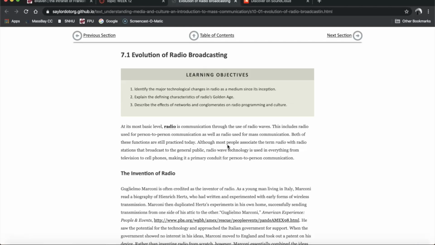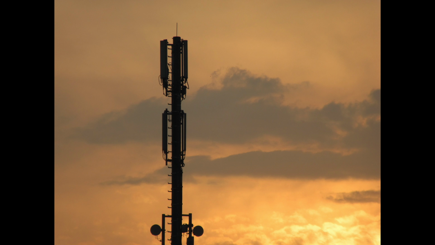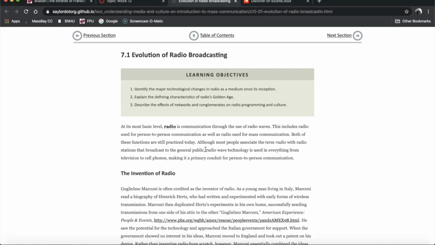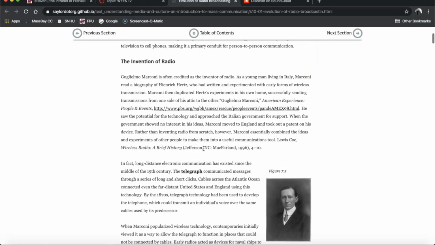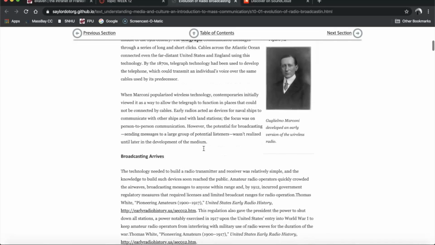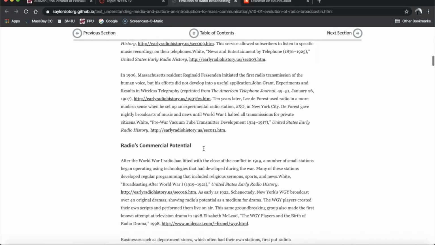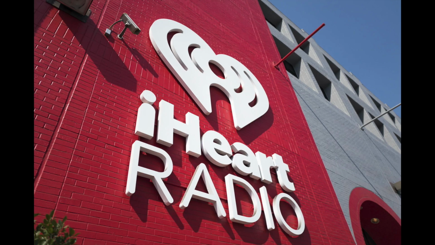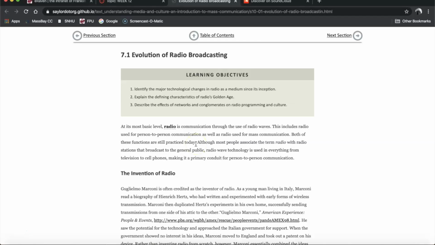Ground-based radio has moved to the internet, and even though it still gets broadcast over the air, it uses things like cell phone towers and other digital technology. Furthermore, of course, we can get streaming radio from a variety of sources through the World Wide Web. And the majority of major radio markets have been moved into an online environment through companies like iHeartRadio, SiriusXM, and other types of digital-based platforms.